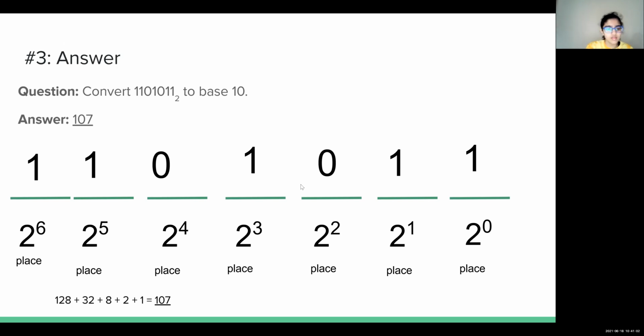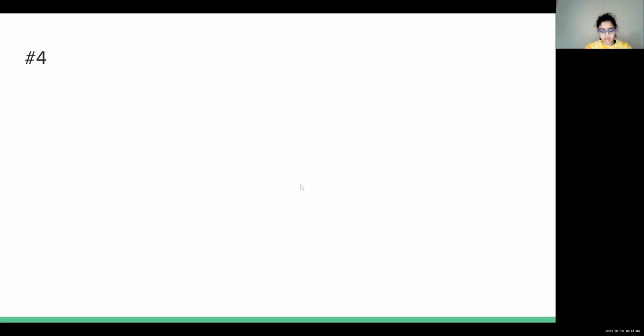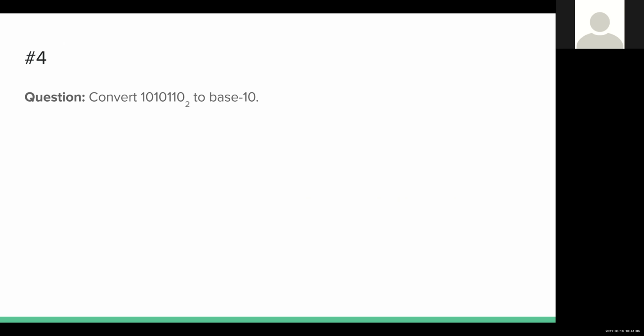Okay, so convert 1010110 base 2 to base 10. So again, remember that the subscript means base 2.